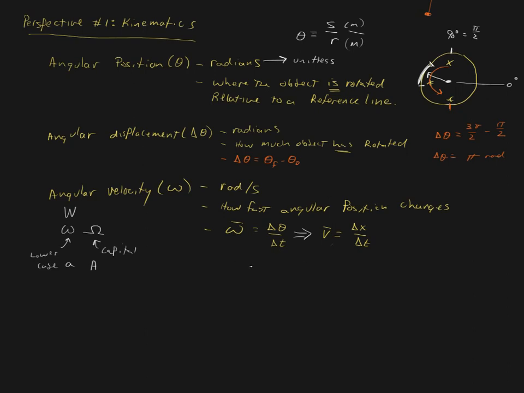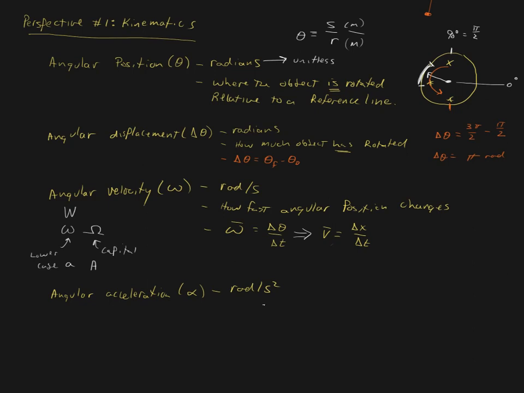Okay, let's take a look at the last of our terms, and that's going to be the angular acceleration. And we use the Greek letter alpha for angular acceleration. Angular acceleration is going to be in units of radians per second squared.